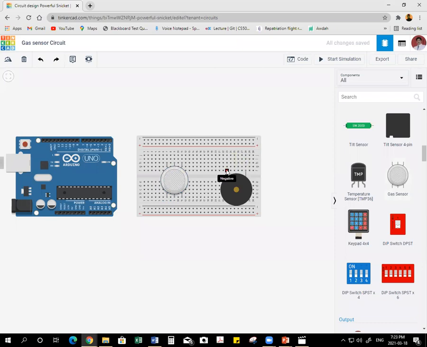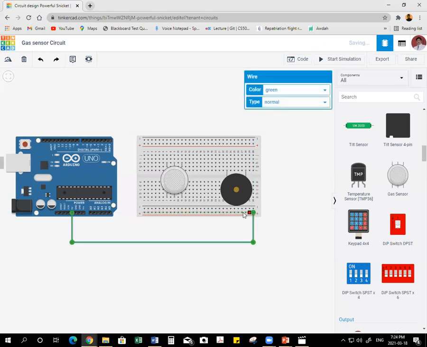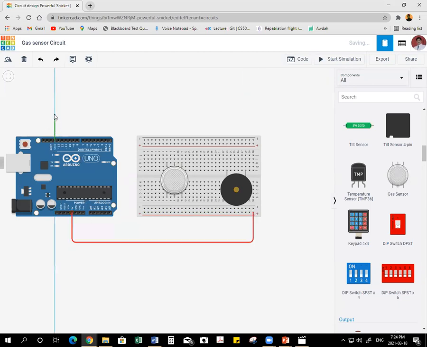Before going to the connection of the buzzer, I will connect the positive and negative terminals to the breadboard from the Arduino. That is from 5 volts. I will connect here because this complete line is now 5 volts, one connection. So it is red. Now I will take a ground. I can connect ground here, but my ground positions are mostly here. So I take ground from here. We have 3 grounds, any ground you can take.